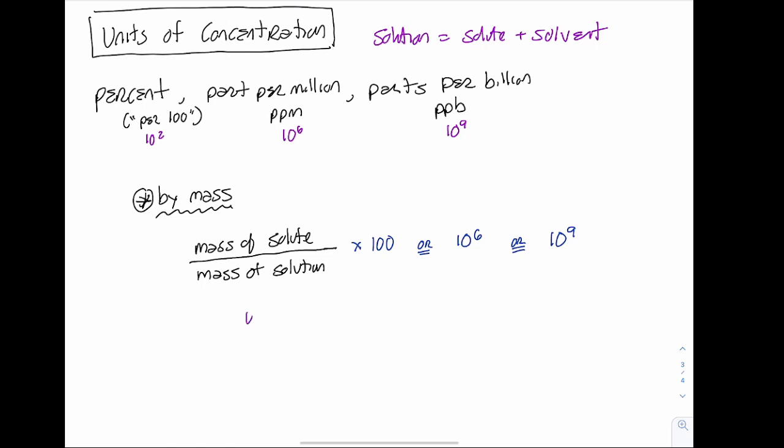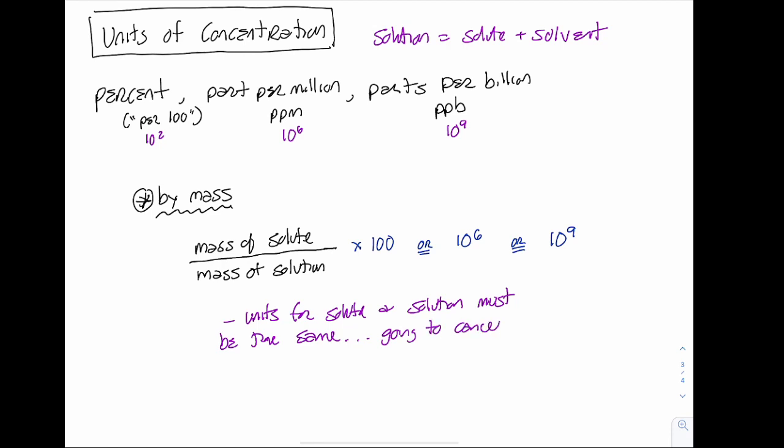So units for solute and solution must be the same. Again, it doesn't matter what they are. They can be grams, they can be kilograms, they can be ounces, they can be tons. It doesn't matter as long as it's a unit of mass and they're the same, because they are going to cancel.